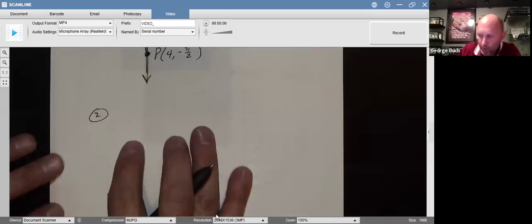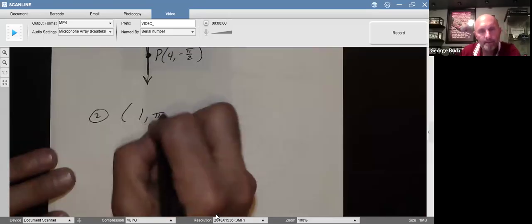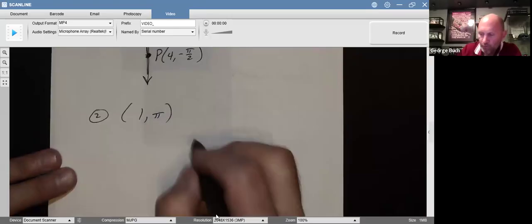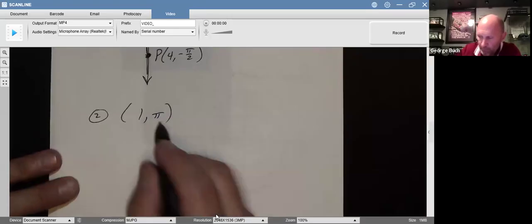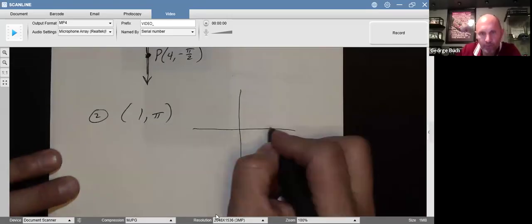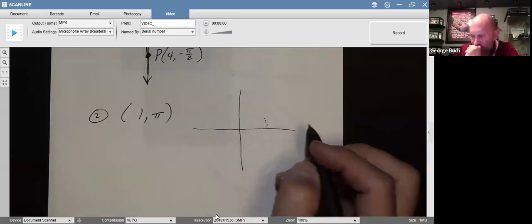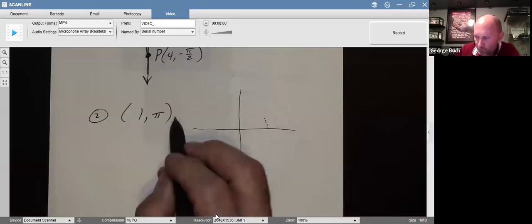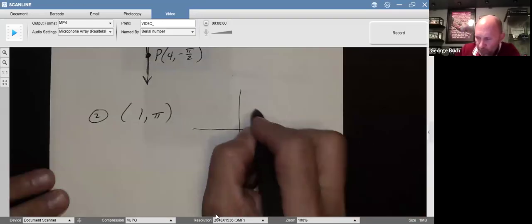What if I have 1 and pi? So again, theta, it's positive, so I'm moving counterclockwise. And I have to move a distance of pi, which is what? Halfway around the circle.